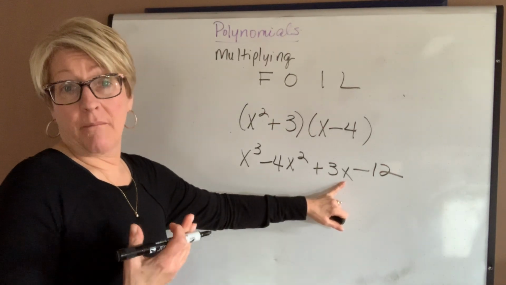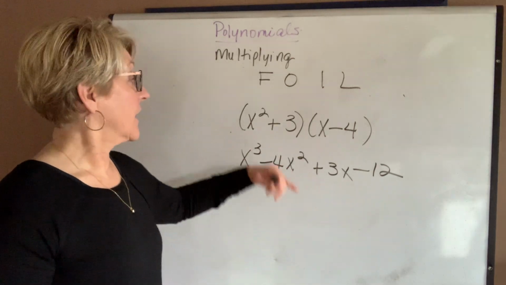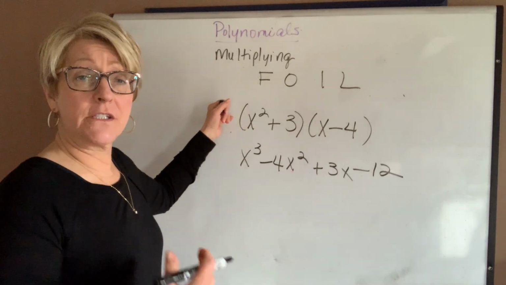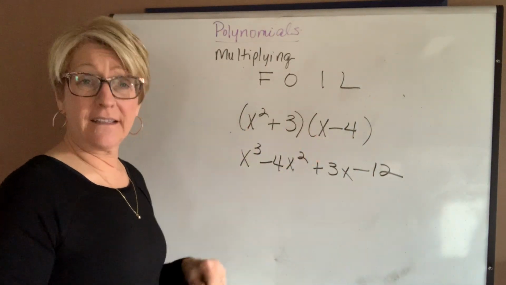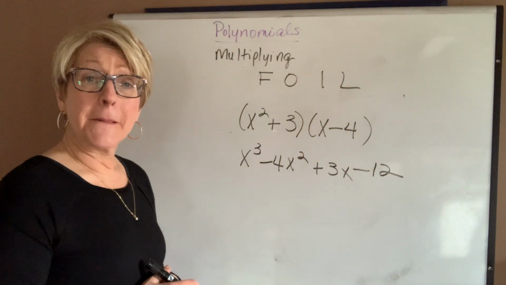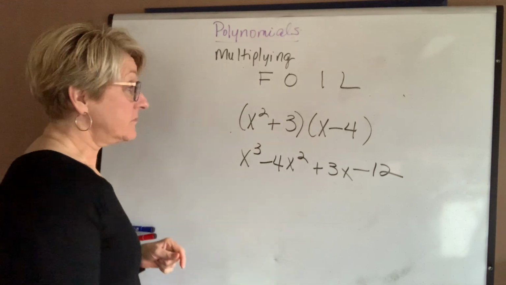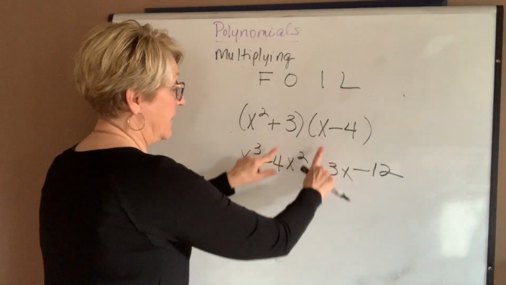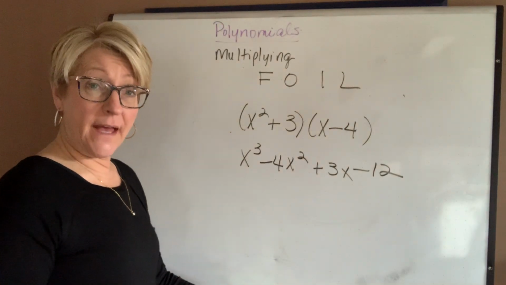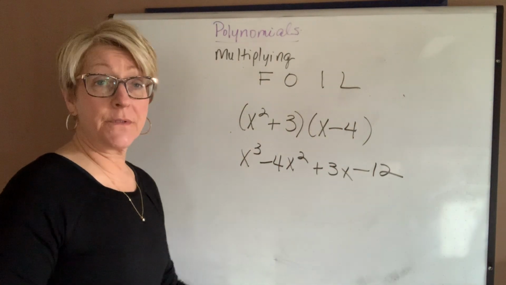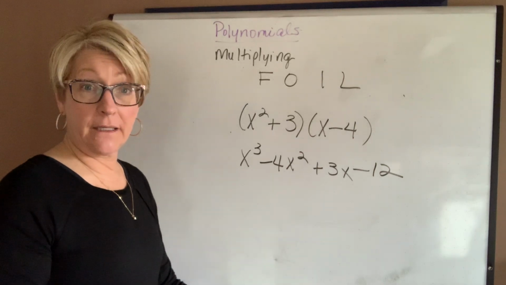How come? How did this happen? Look at your problem. What's different about this one is that these were not like terms. And so, when I did my outer and my inner, I didn't have the same exponents, right? So that's how come I have 4 terms instead of the typical 3.